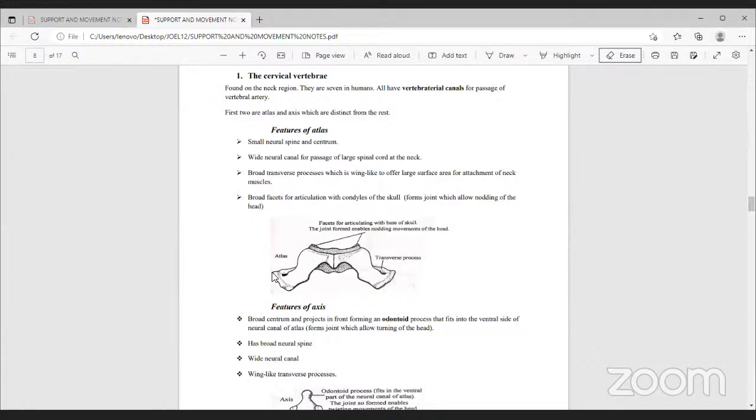I think you need to note that. All cervical vertebrae have a vertebral canal for passage of the vertebral artery.